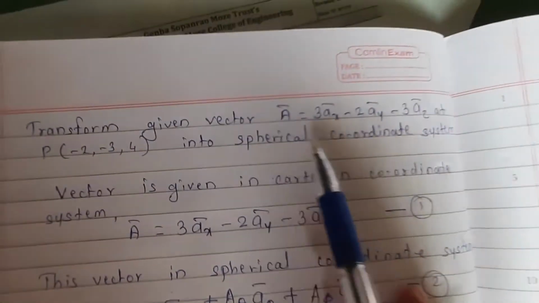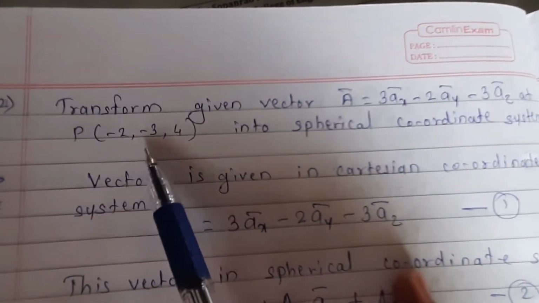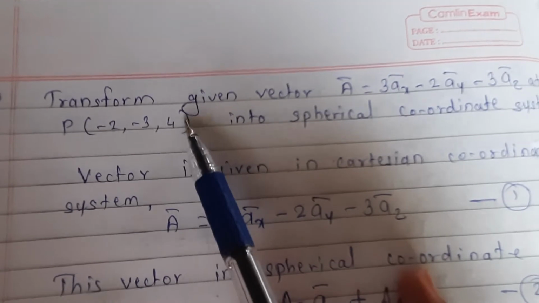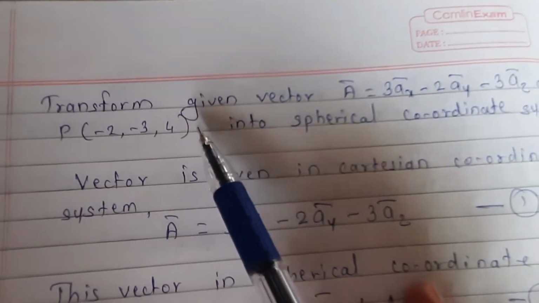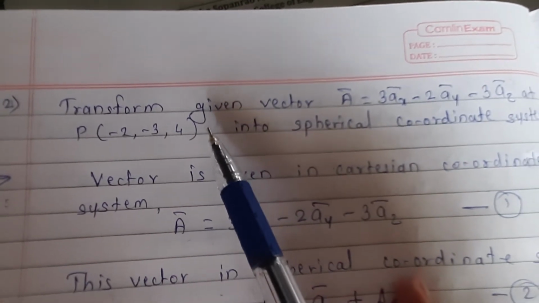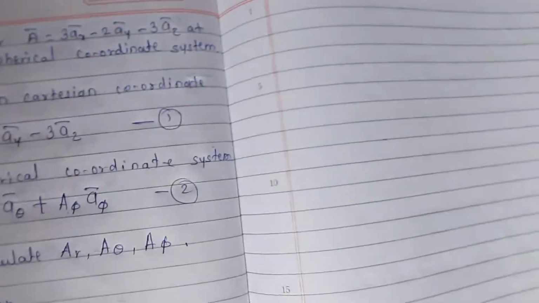Now the next part in the given problem is the point P, that is minus 2, minus 3, 4, and these are the values in the Cartesian coordinate system. So what is given?